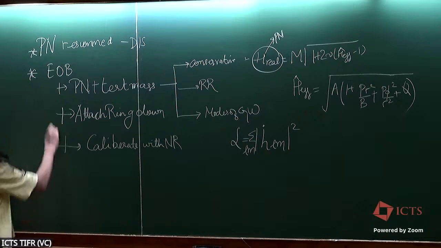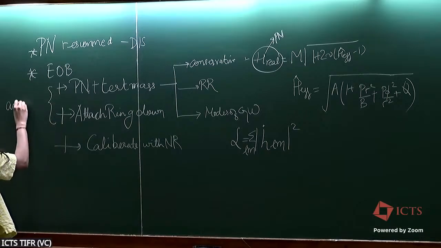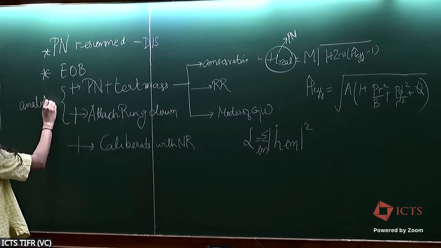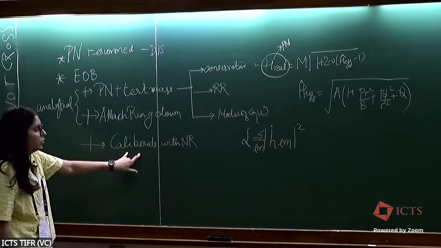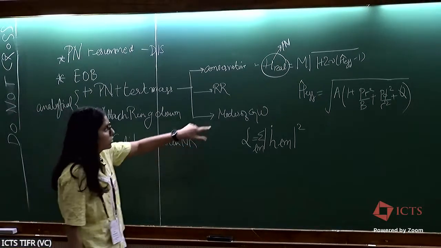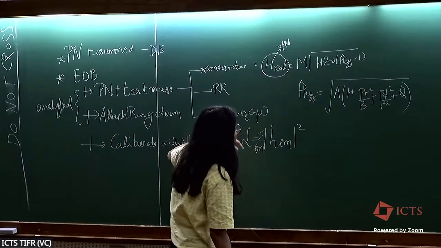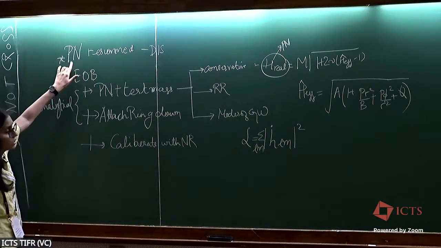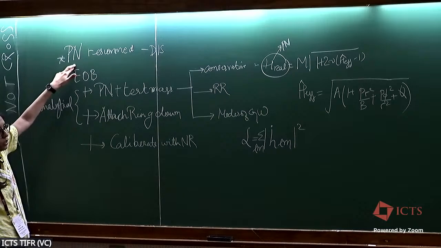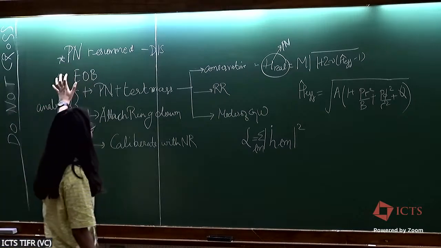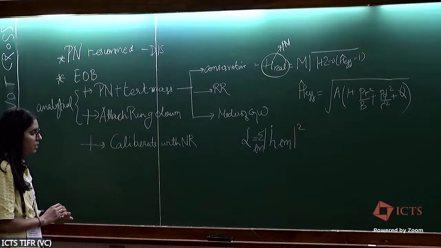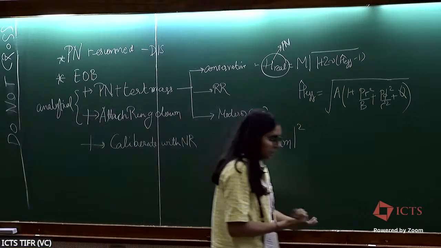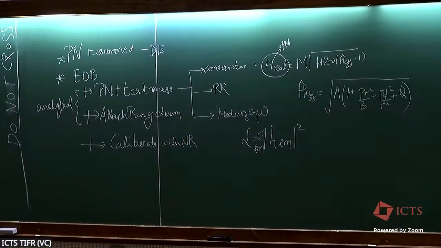After obtaining this full analytical waveform, we calibrated it with numerical relativity simulations, because all these results are based on PN information, which we know only up to a finite order. And then we said that with increasing signal-to-noise ratio and upcoming detectors, we need even more precise waveform templates.